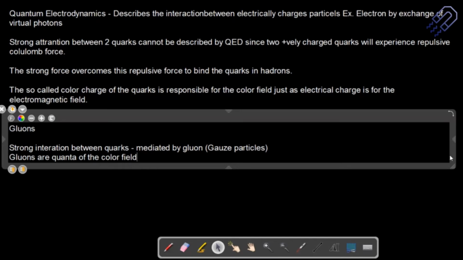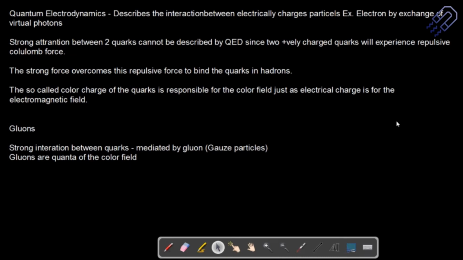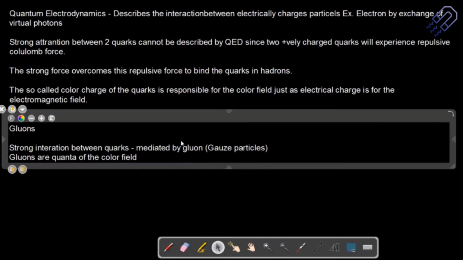So basically we have the red field, the green field, the blue field extending, and these gluons are the quanta of that. That is the quantum particle which is there in that particular color field, or which is there because of the color field. The color field binds the quarks in hadrons.